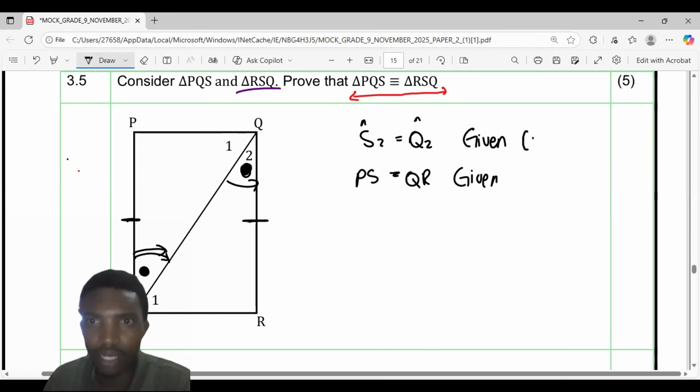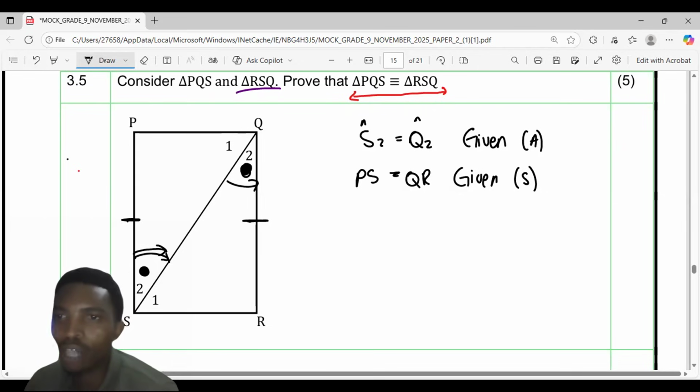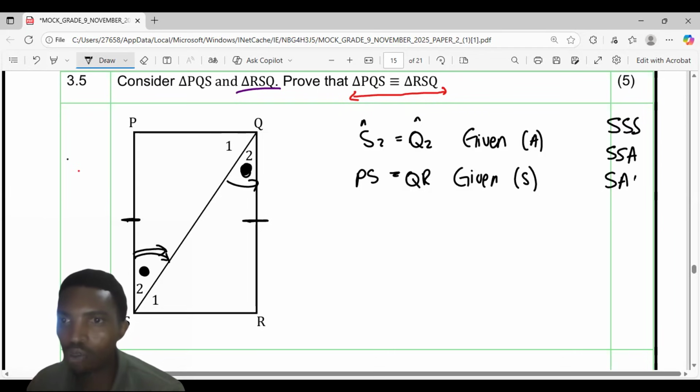So here we have an angle, here we have a side, so we need the last thing. And remember, for us to prove congruency, we need to have all three sides, or two sides and one angle, or one side and two angles, or a right angle, a hypotenuse, and a side.